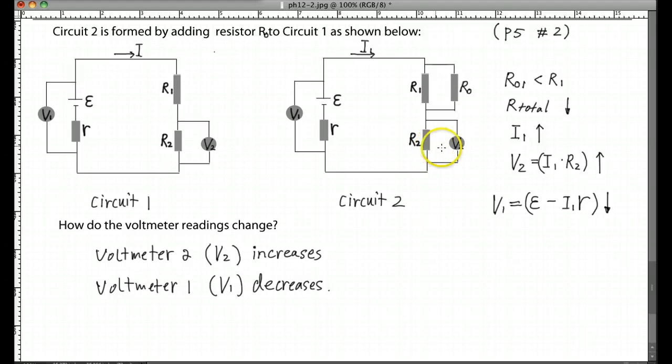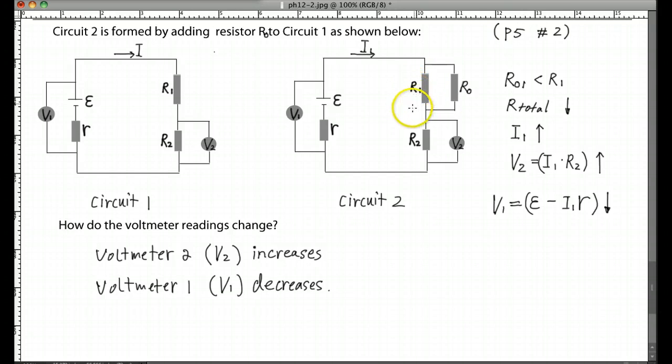V2, we already figured out, is increasing. But how about the R0? Altogether the current increased, but the combined resistance decreased. So one decreases, one increases. So what about the voltage here? It's kind of indeterminate. We can't really tell if the voltage on the R1 increased or decreased, right?